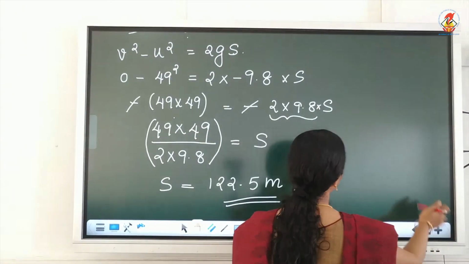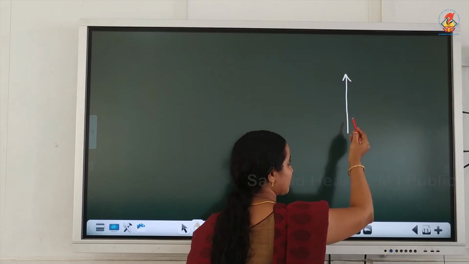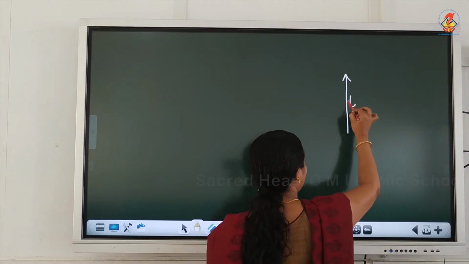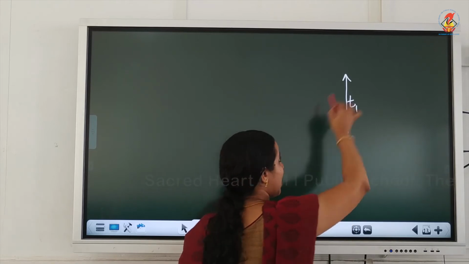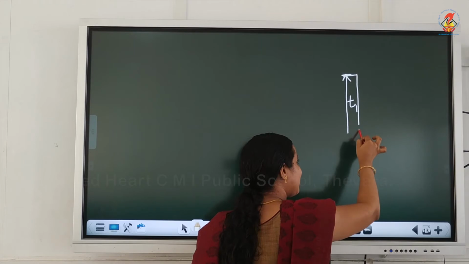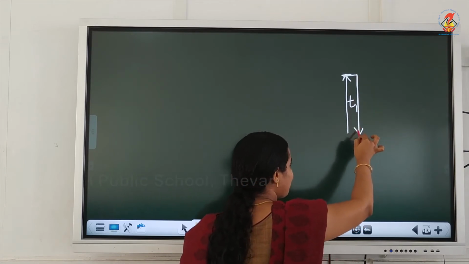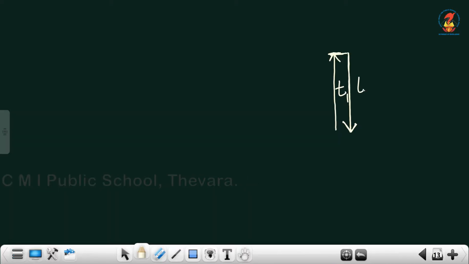Initially the object has to move upwards. Let the time taken for that be t1. After reaching the maximum height, the object will return following the same path and reach down. Let that time be t2.